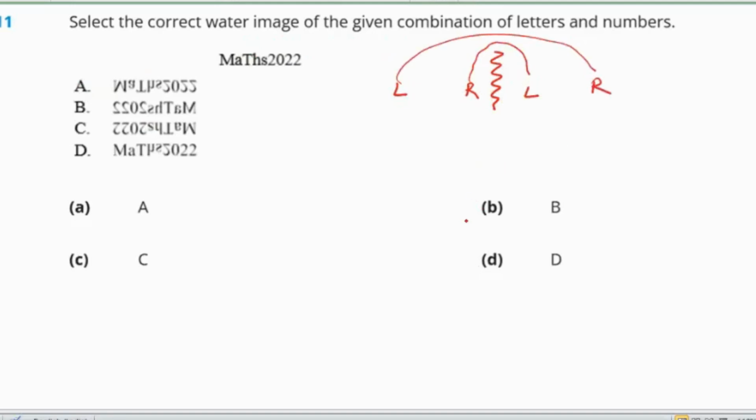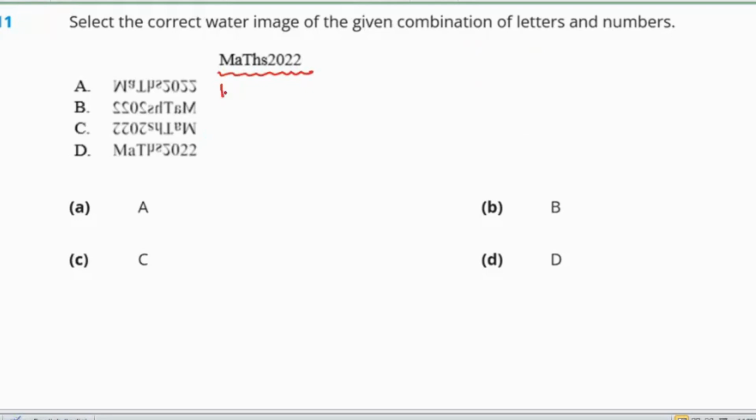Whatever is at the top will remain the same, and whatever is at the bottom will also remain the same. Understood? But on the other hand, in water image, the top becomes the bottom and the bottom becomes the top. So only the figure is changed upside down. Right and left will still remain right and left only.